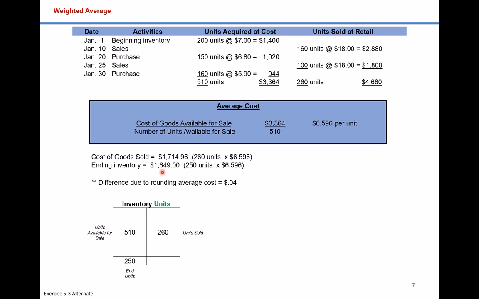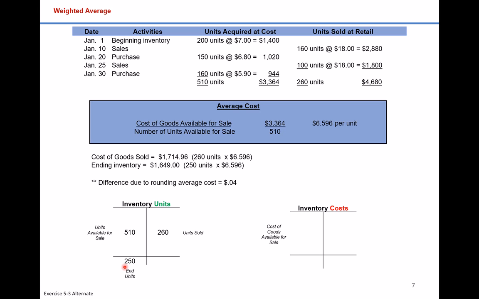Let's just recap the units. Remember, we had the 510 units that were available to sell during the period. We sold 260, so there are 250 left. All we're doing now is valuing the cost of goods available for sale, the cost of goods sold, and the value of ending inventory. So, cost of goods available for sale, what was it, gang?